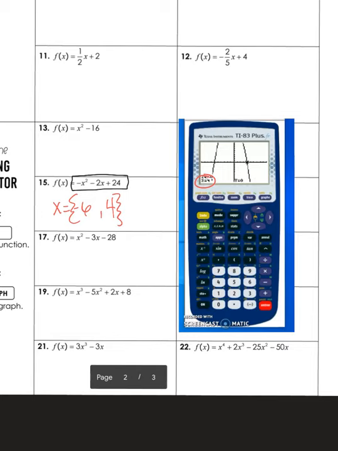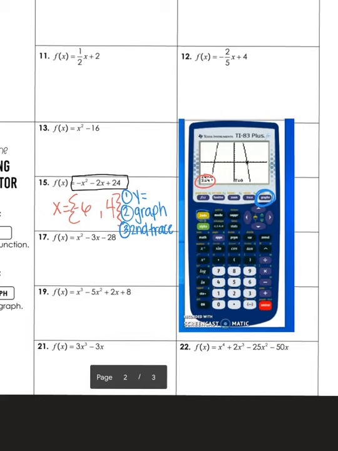So if you need that in the notes, remember, we do a few things. The first thing that we do is we hit y equals. We then hit graph, which graph is up here. Then you'll hit second trace.